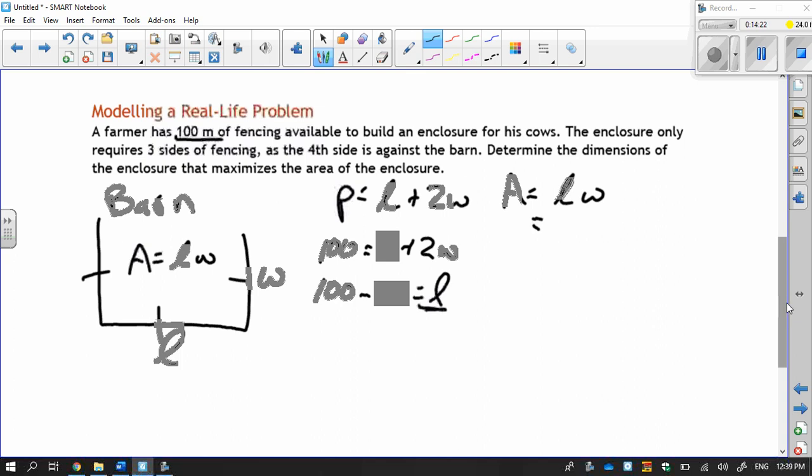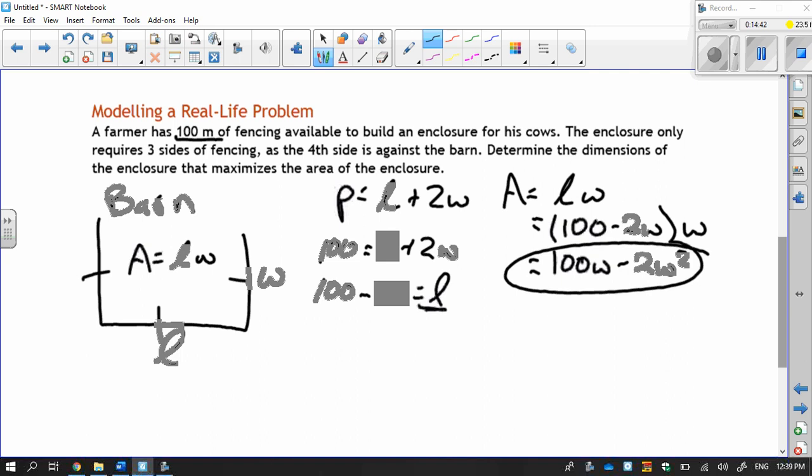Now we have a quadratic function. We can find the vertex of it. So P is equal to negative 100 over 2 multiplied by negative 2. So 100 divided by 4 gives me 25. Now it's my x value.